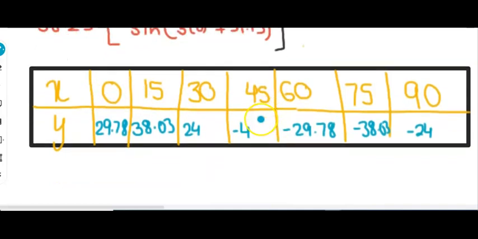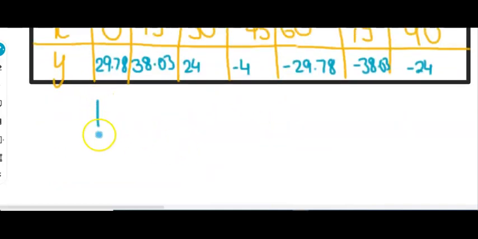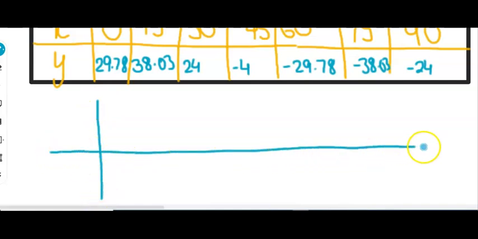Once you have these values, you need to actually plot the graph. When you plot the graph, obviously this is going to be 0, 15, 30, 45, 60, and so on.